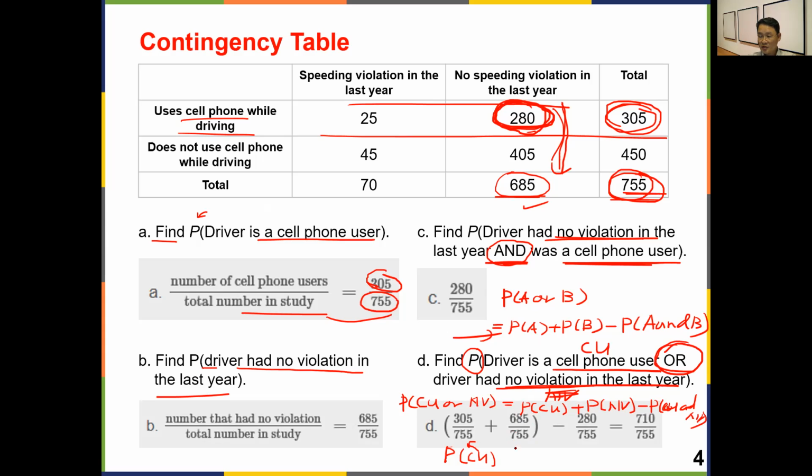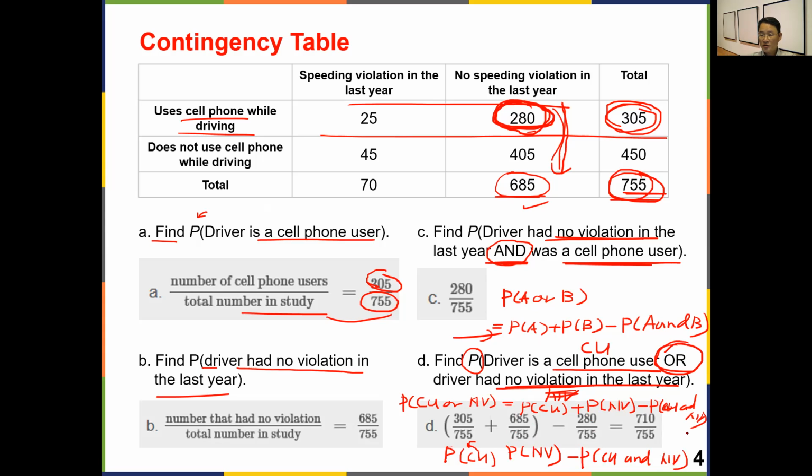So this would be the probability of no violation. Minus, how many of them are the probability of cell phone user and no speed violation?